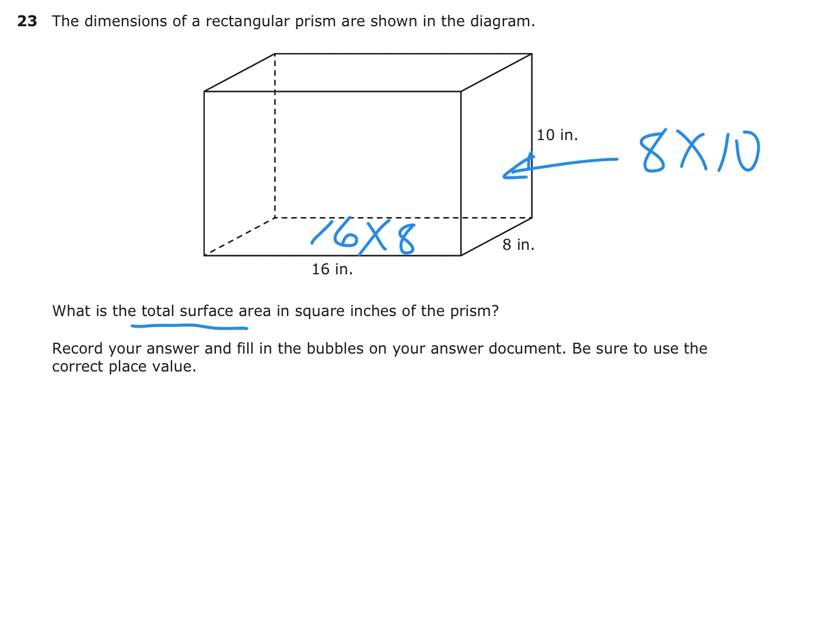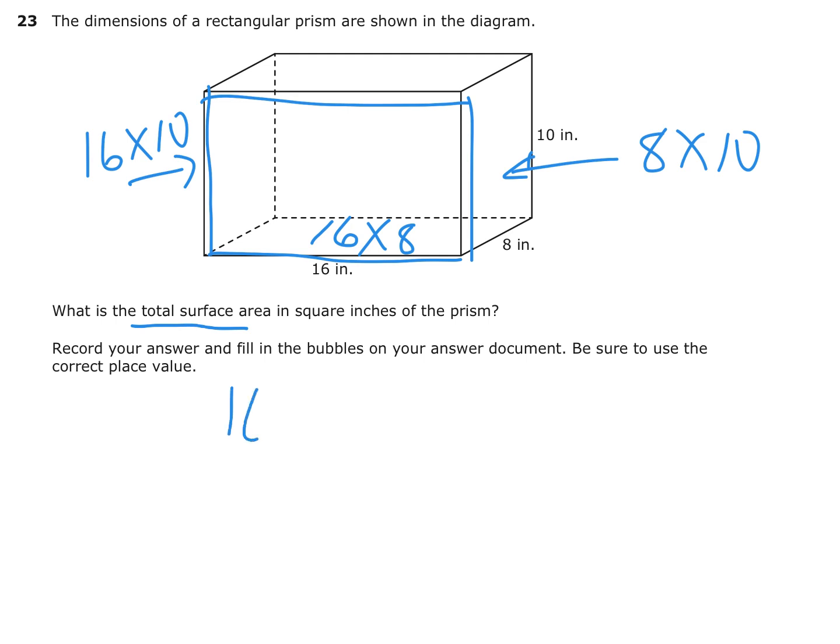Then we need the other side, which would be 16 by 10, which would be the height. So the front and back is 16 by 10, and we have 2 of those.